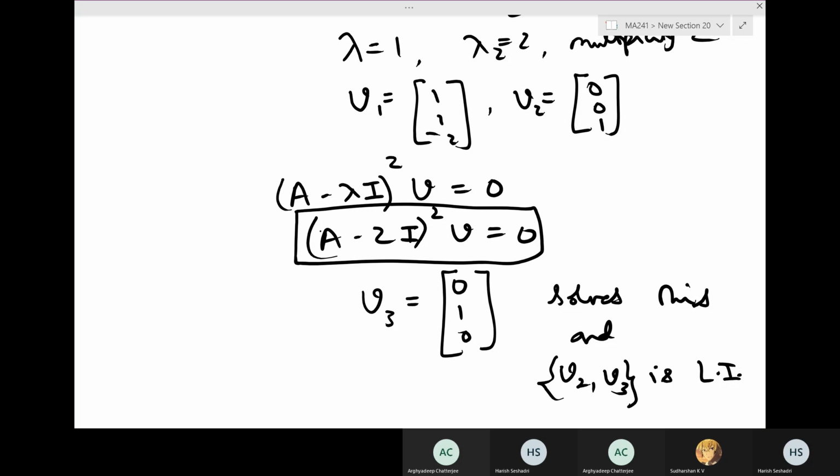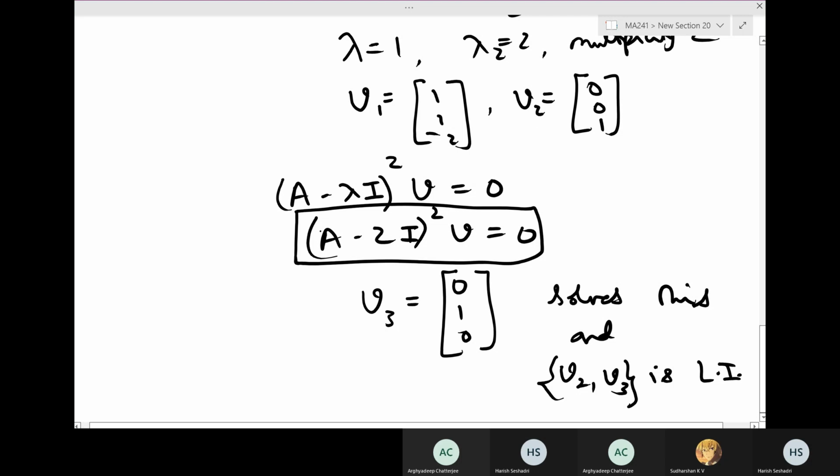So the thing is, that's okay. But here, on the other hand, that already guarantees that v1 and v2 will be linearly independent. I don't even have to check that. But when I go ahead and find v3, the way v3 has been chosen, it's automatically linearly independent with respect to v2.